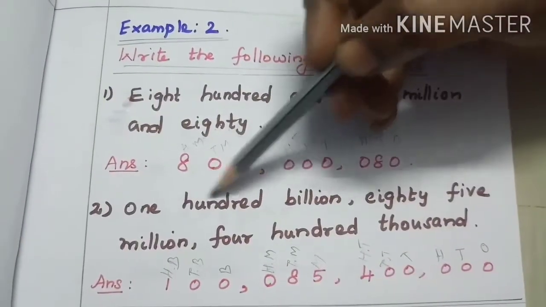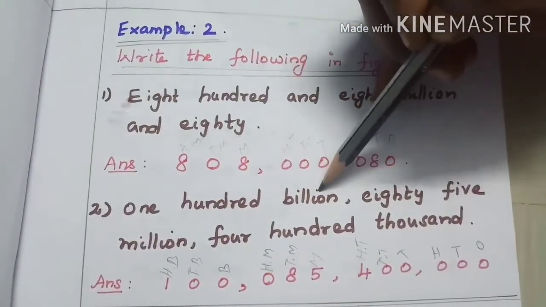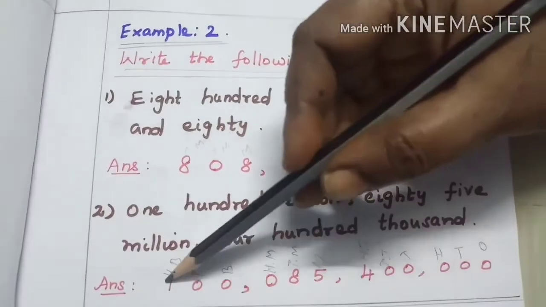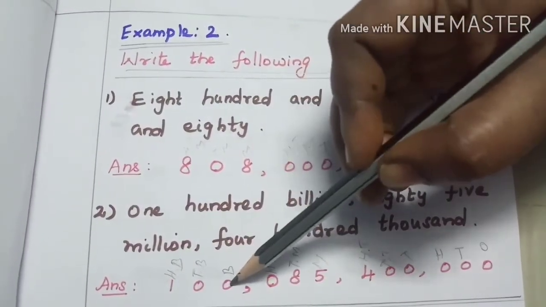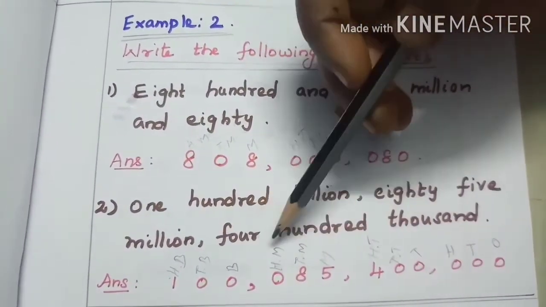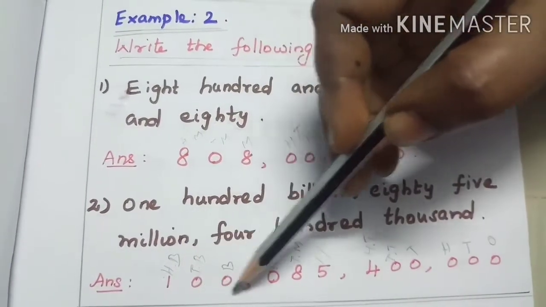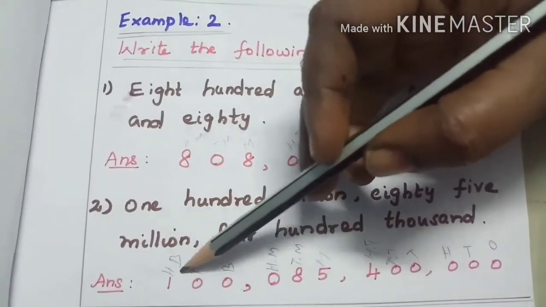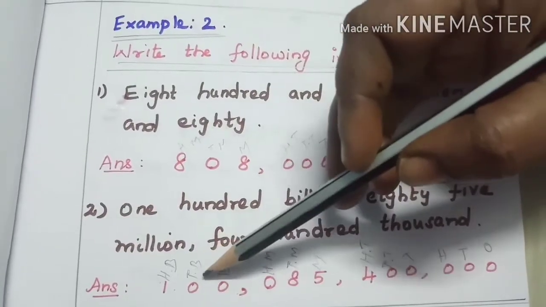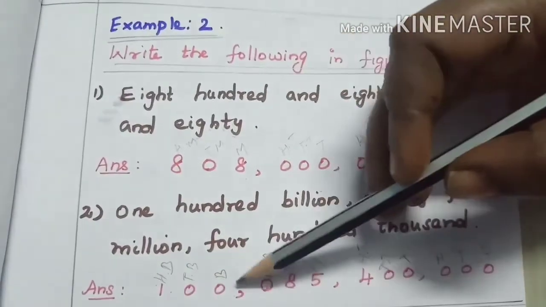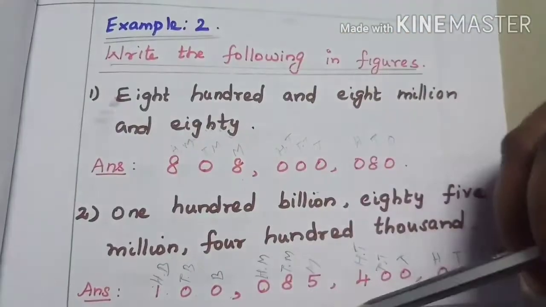So you see 100 billion. 100 means how we will be writing 100. So in the billion place we will put 100. So that is the 100 billion is 1 and the 10 billion 0 and the billion place 0.